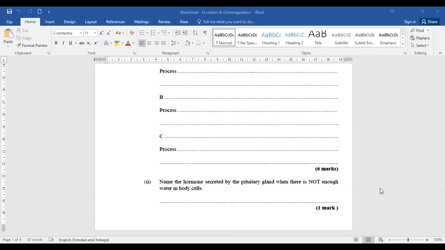And in this process, you would have concentrated urine being produced. So when you are dehydrated, you haven't been drinking enough water, your urine will look a lot yellower as compared to somebody who's accustomed to drinking water or who drank a lot of water. All right? You all understand?